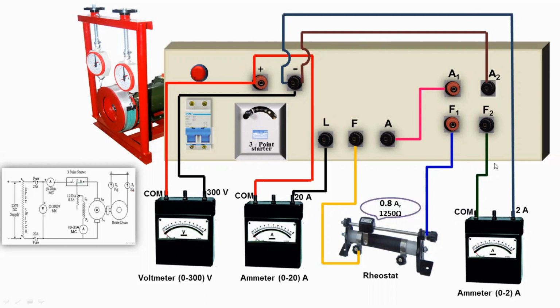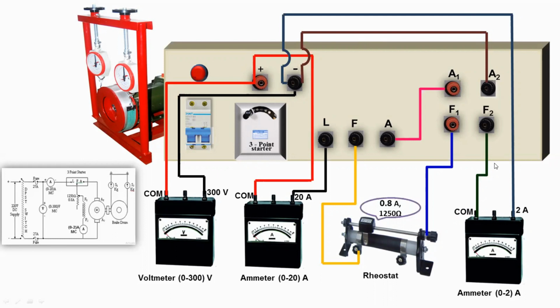Voltmeter connected across the power supply, the ammeter connected in series with the power supply, then starter connections also correct, then field winding and the rheostat are connected in series, the armature terminals also connected correctly. Now switch on the power supply.